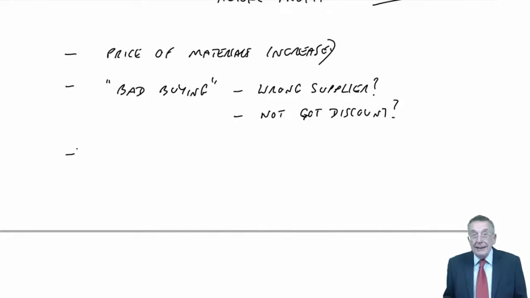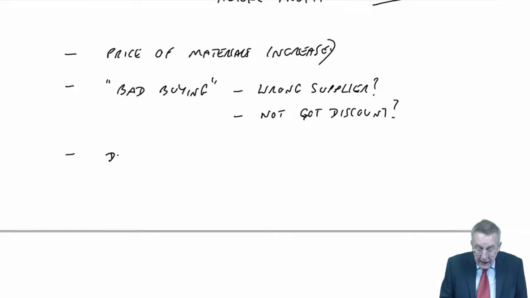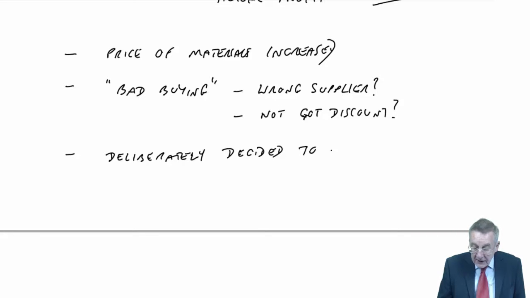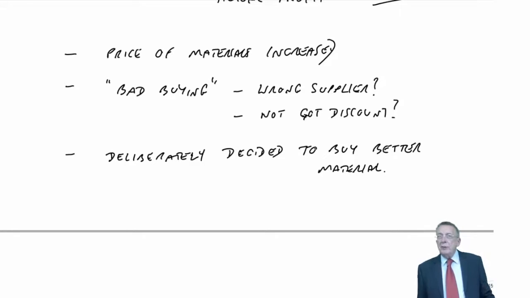It could have been that the reason we paid more is that we deliberately decided to buy better material. We want better quality material, and obviously if you buy better quality material, it's likely to cost more. But why on earth should we decide to do that? Why get better material and pay more for it?